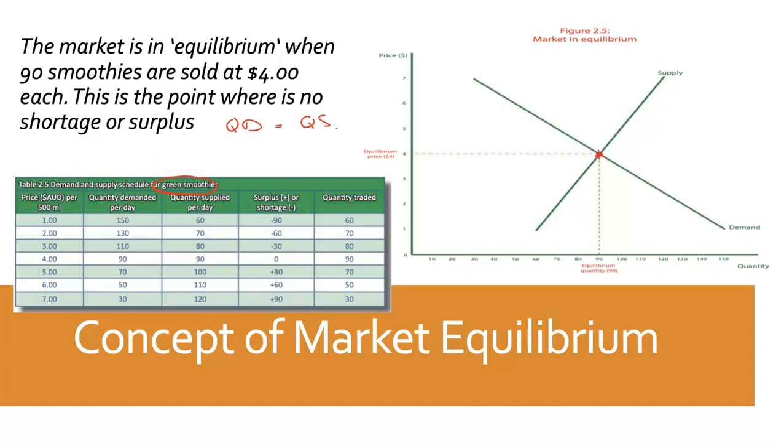The market is in equilibrium when 90 smoothies are sold, because you see they cross at 90, and at that point they will be sold at $4. Or probably a better way to say it, because price is the independent variable and quantity is the dependent variable, at the price of $4, quantity demanded and quantity supplied are equal, so we sell 90.